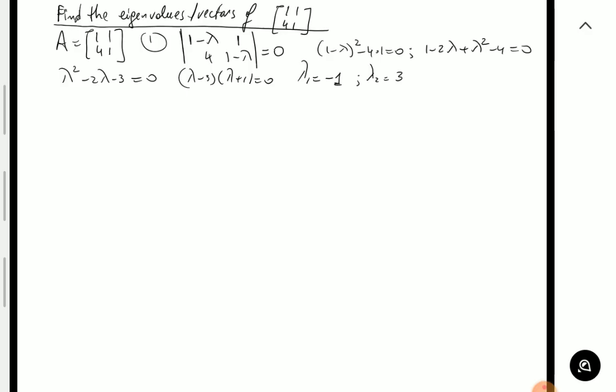Okay, so now for each eigenvalue, starting with lambda 1 equals minus 1, form the system that gives you the eigenvector. So go back to the matrix where we subtracted lambda from the main diagonal and subtract the eigenvalue you just found, and form a linear system with 0 on the right hand side, a homogeneous linear system.